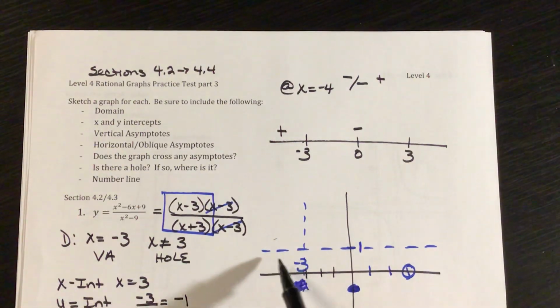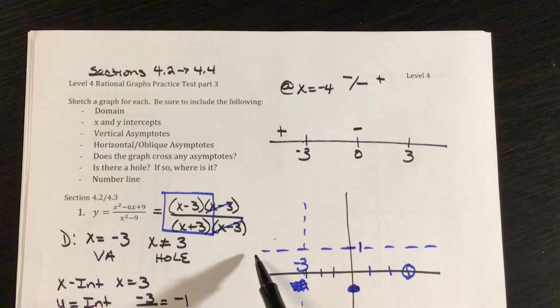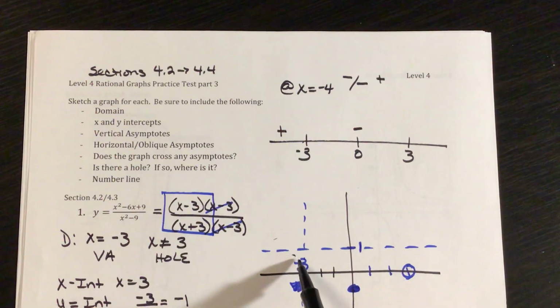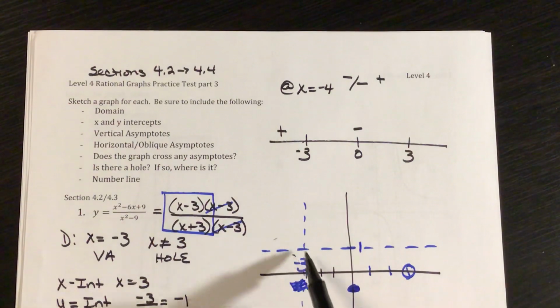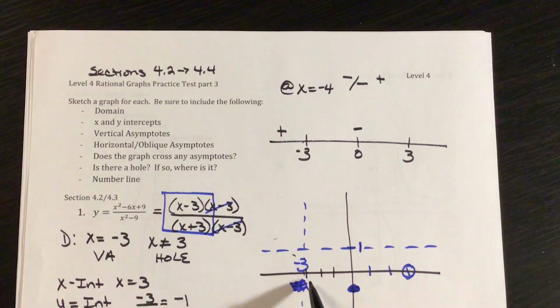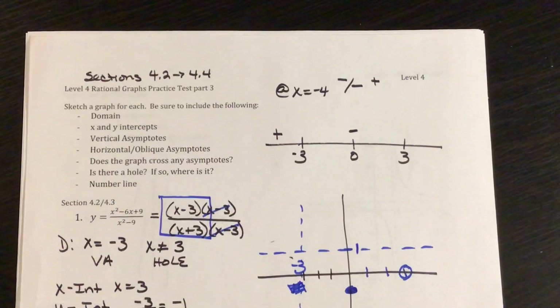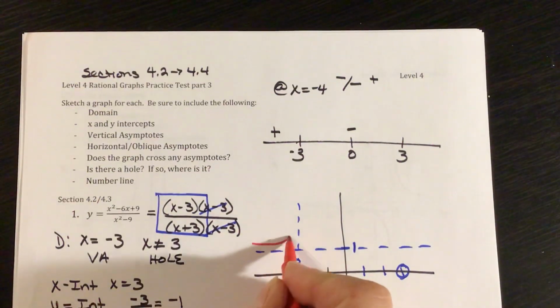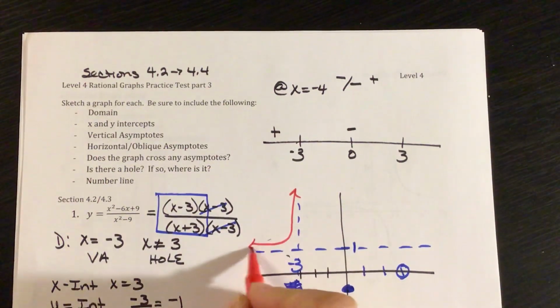Now, if I'm thinking about down here somewhere, I could have positive values here, but eventually I would cross into the negative values before I get to negative 3. So I know that this branch is going to be up here.